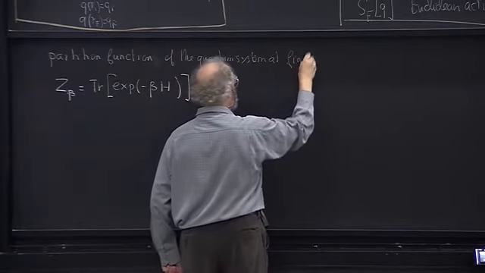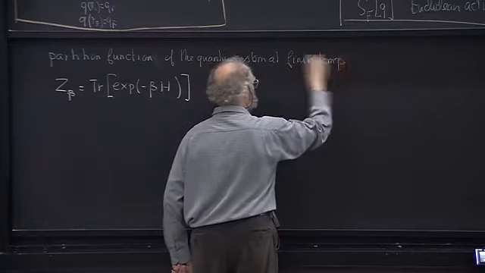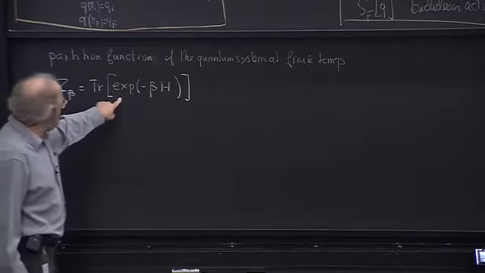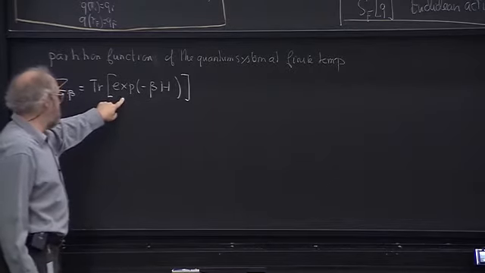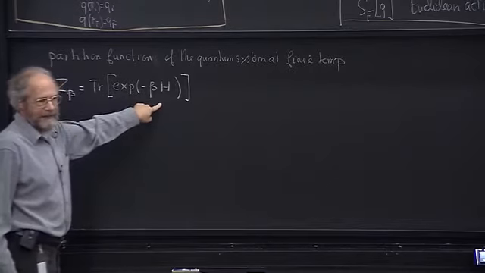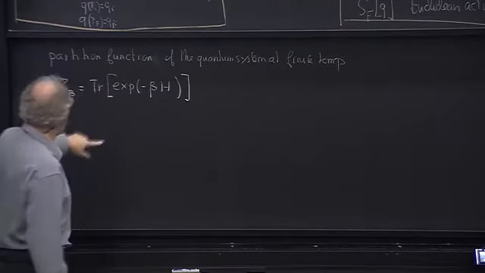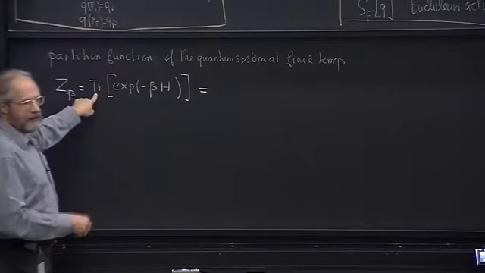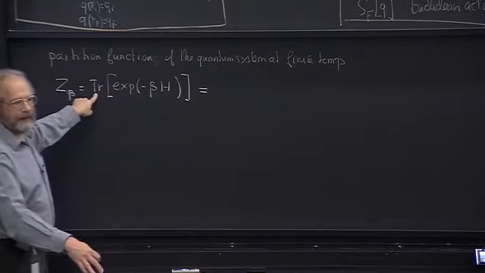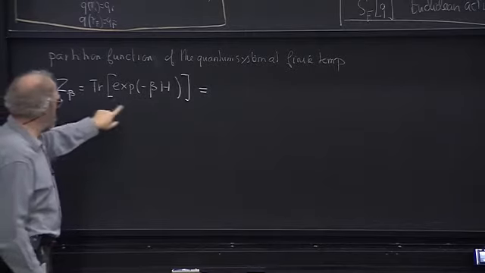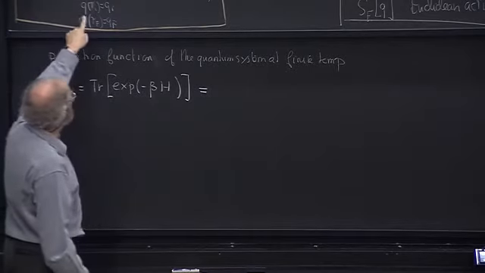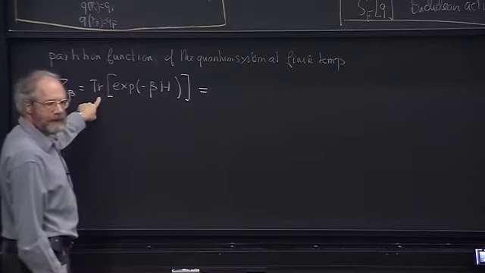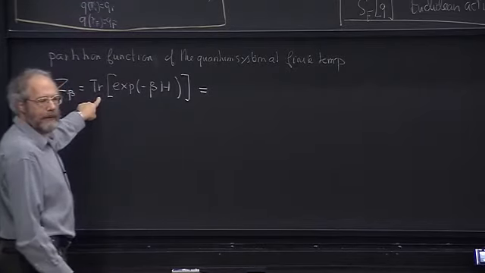Okay, so we have a path integral representation for all the matrix elements of this. It's just above, so we can use this. First, what is a trace? The trace is a sum over the diagonal elements in any basis of this operator. Since we have a path integral representation in position space, it's natural to express the trace as a sum over all position eigenstates.